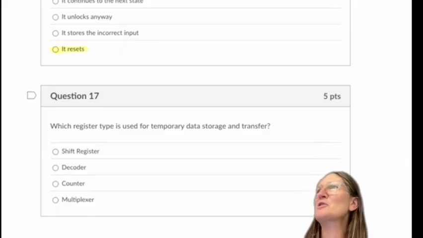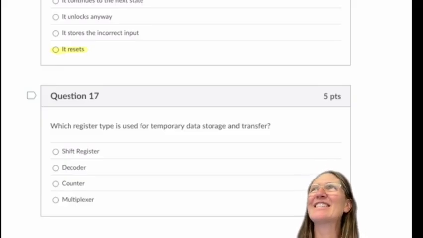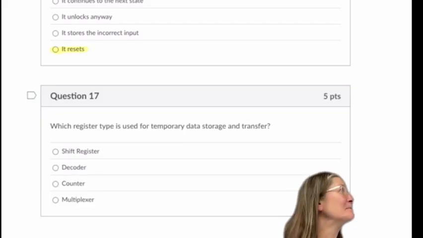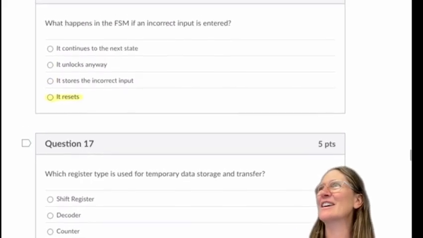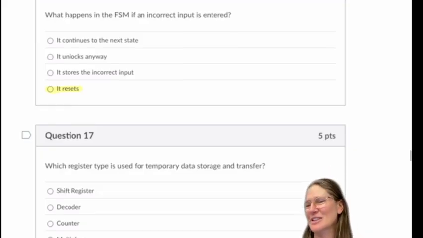If it continues to the next state, is it working correctly? No. Okay, good. If you press the wrong number and it unlocks, bad system. If you store that information in there and it doesn't do anything, that's also bad. So not working correctly if your finite state machine is doing those things.